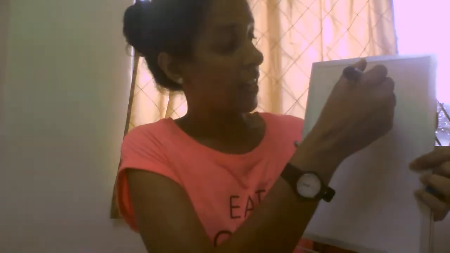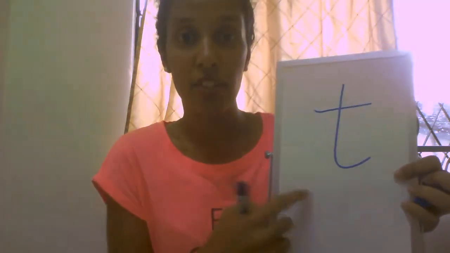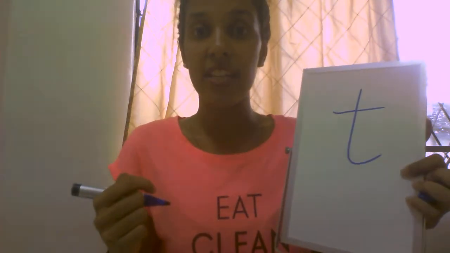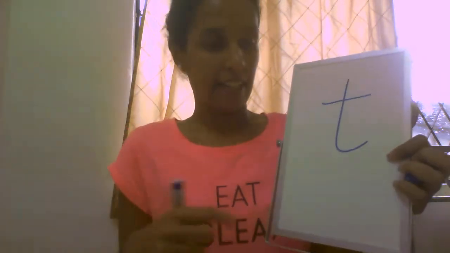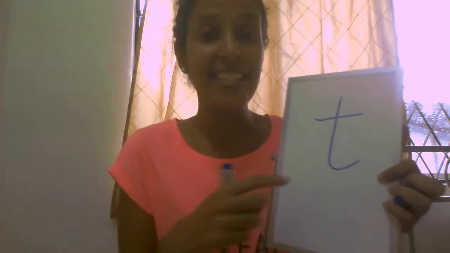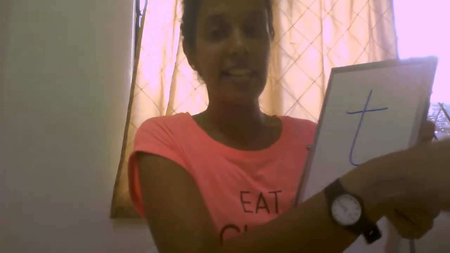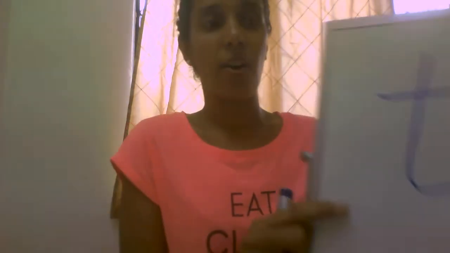Okay, we're going to move on to the next sound. Are you ready? The next sound looks like this. It's called T. Can you say it together with me? T. This is T. This is T. Yes, it is called T. All right, now we're going to look at a picture.